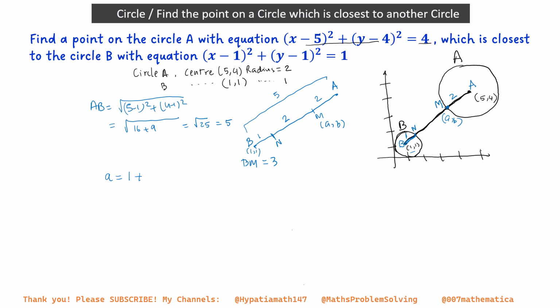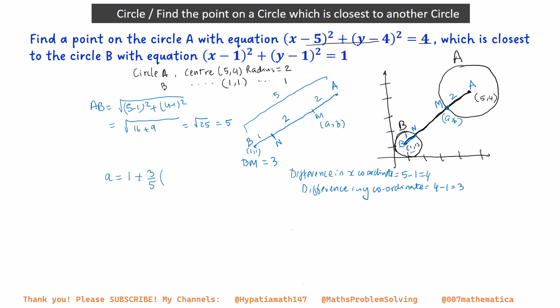So you have to travel 3 out of 5 times the difference in x coordinate. The difference in x coordinate would be 5 minus 1, that is 4. And similarly, the difference in y coordinate would be 4 minus 1, and that is 3.